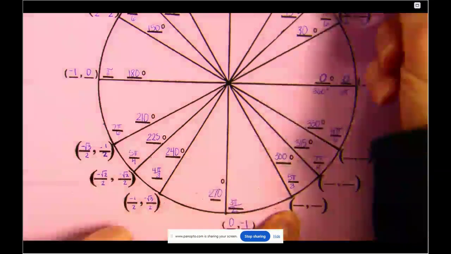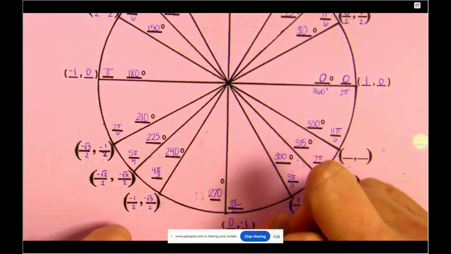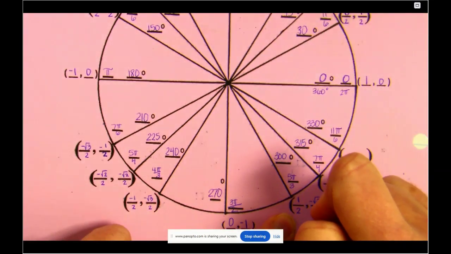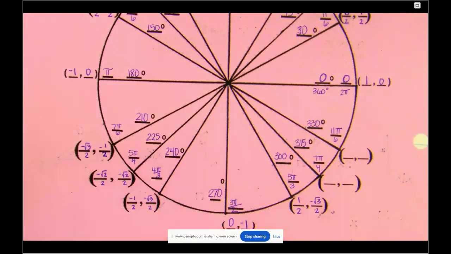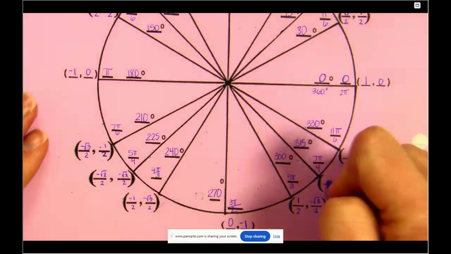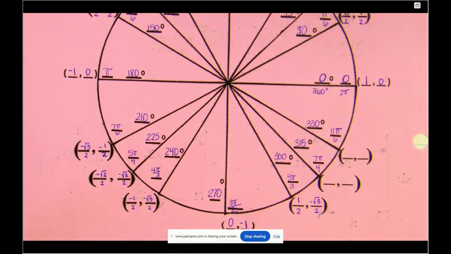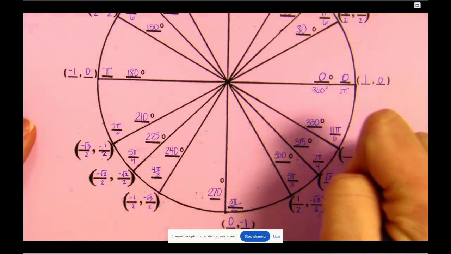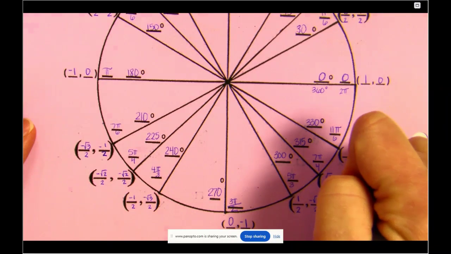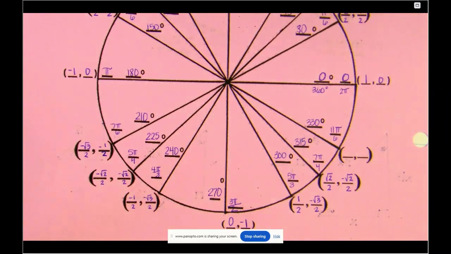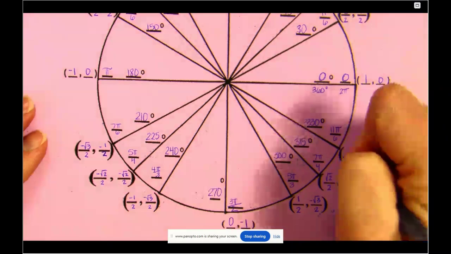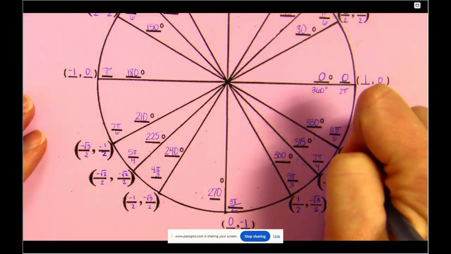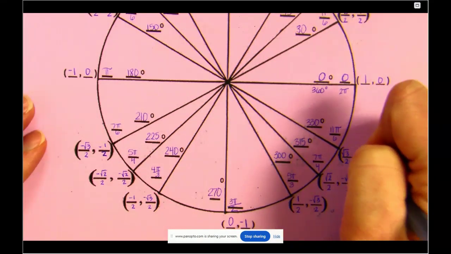So 60 degrees, but with the y negative. So 1/2, negative square root of 3 over 2. Okay, 315 goes with what? 45. So square root of 2 over 2, and then the y goes negative. And then the last one is 30. So square root of 3 over 2, negative 1/2.